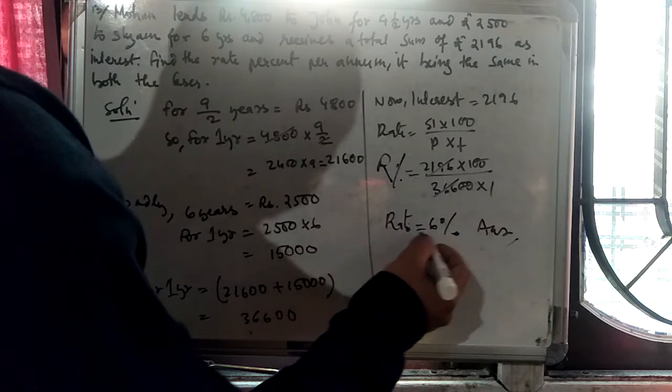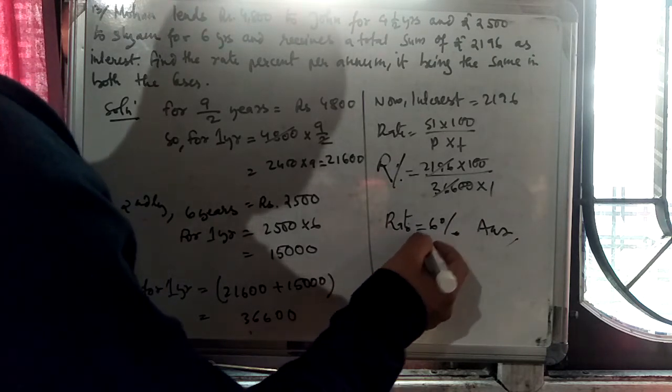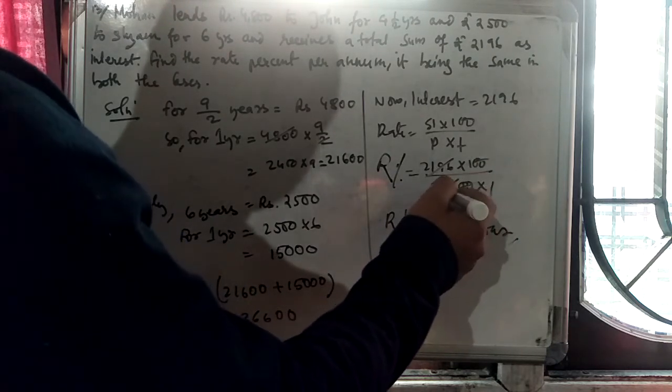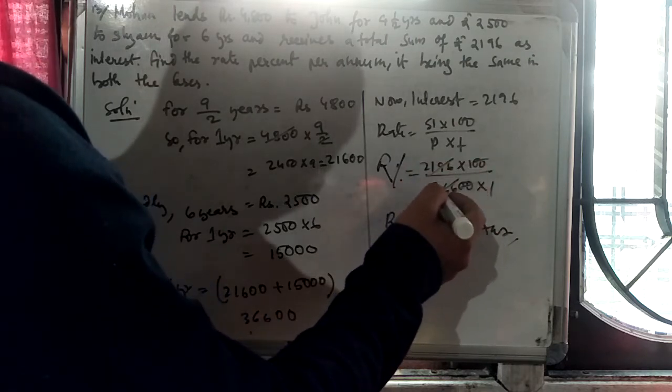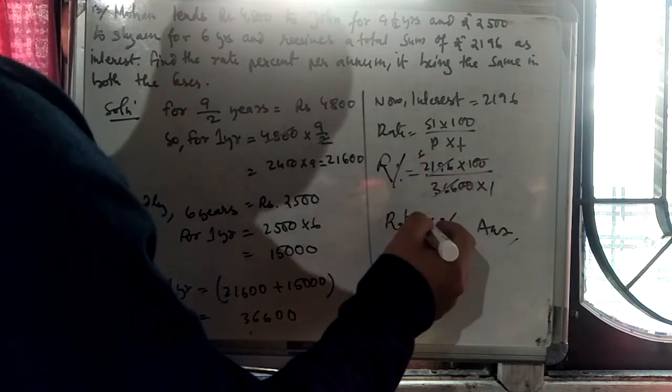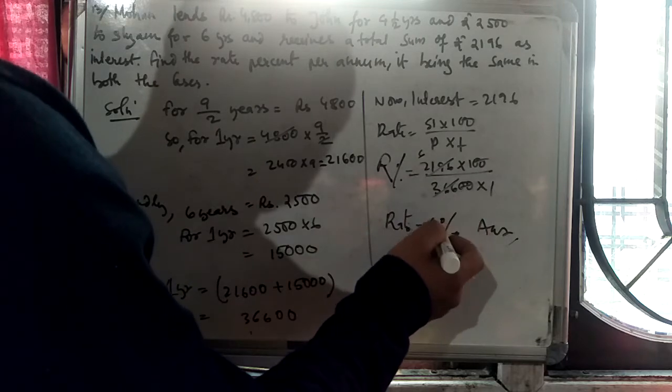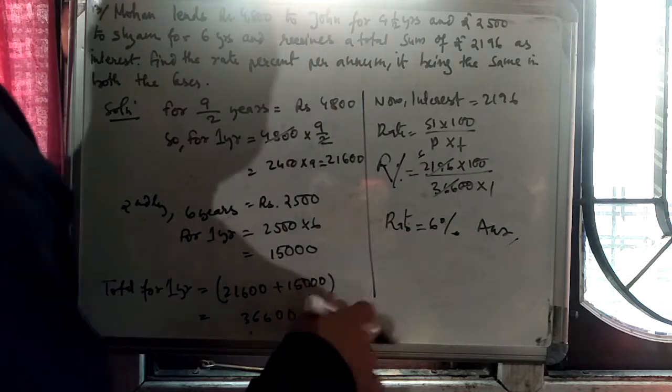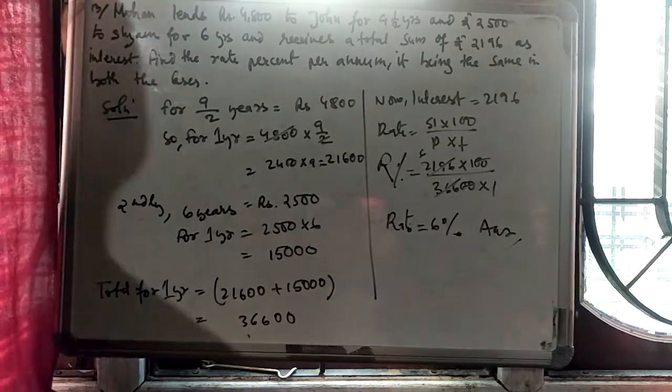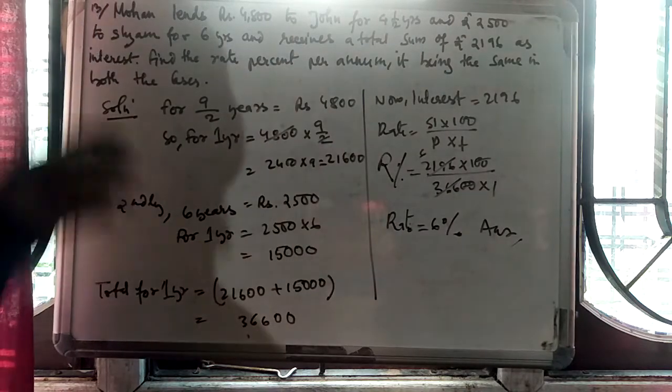If you cancel the 0s, 366 into 6 times gives 6. So the rate becomes 6% for Mohan.